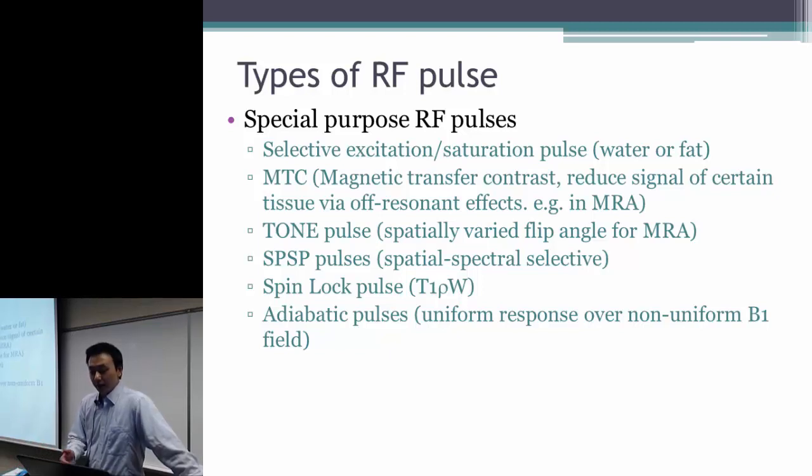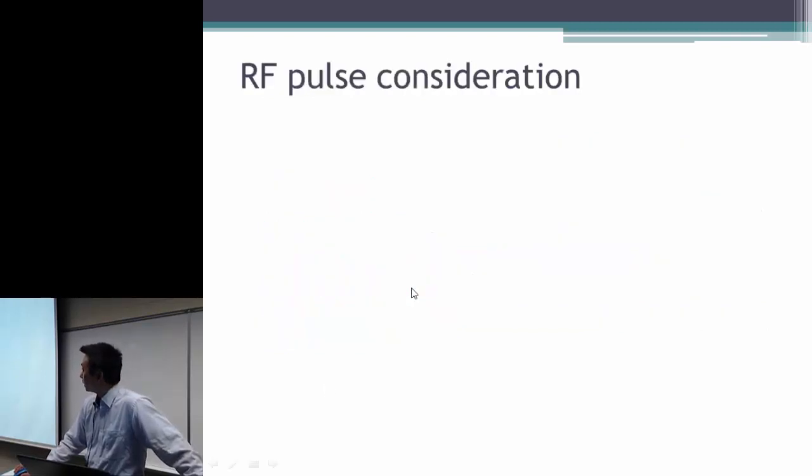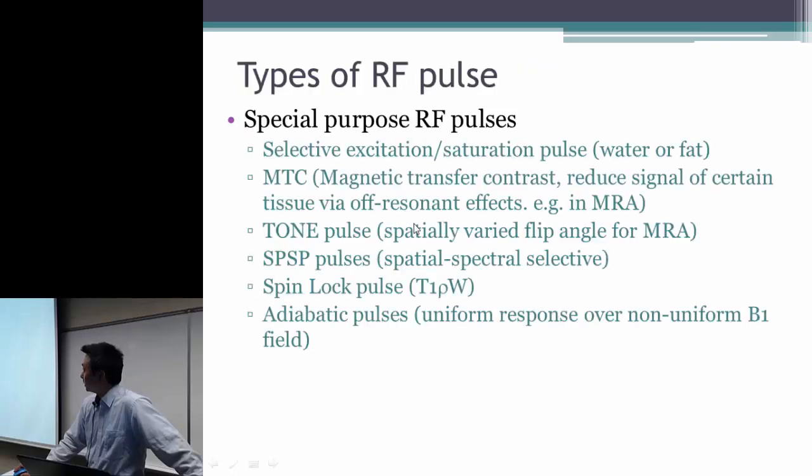The adiabatic pulse can achieve a uniform response even if the B1 field itself is not uniform. So these are categorizations of the RF pulse according to its purpose.